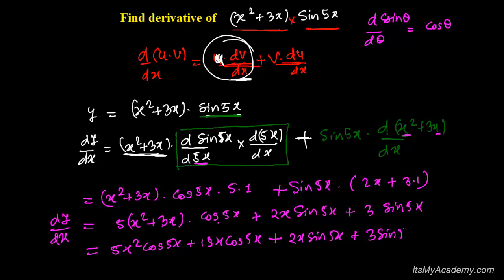My 5 is really bad, anyway. So this is what we needed to find, our required derivative and our answer. Like this, you need to find the derivative of two functions as a product. Here was one function and another function as a product, and we found the derivative of this.